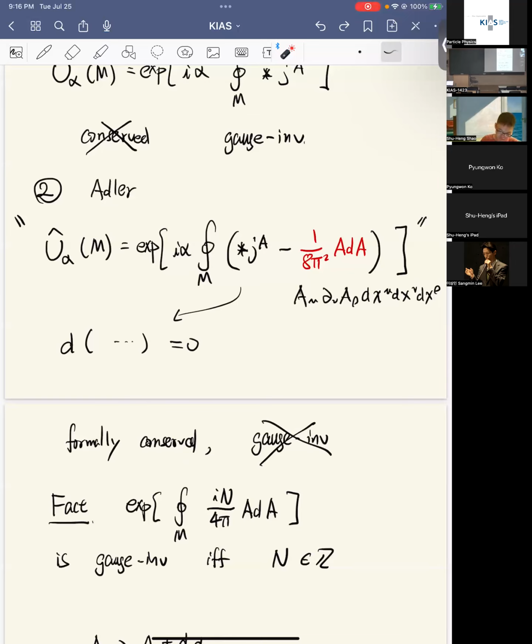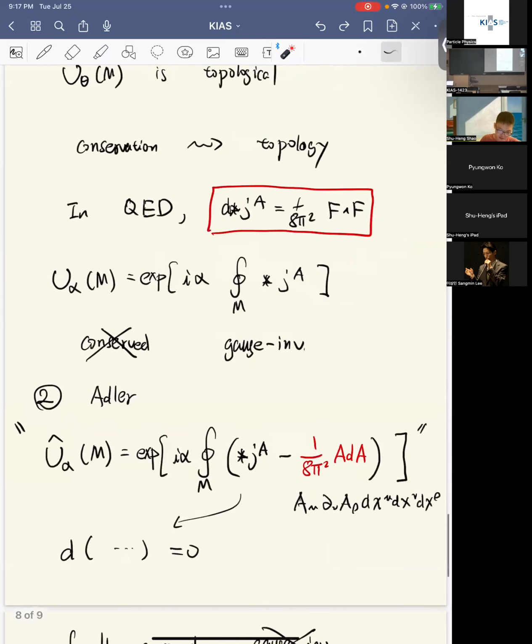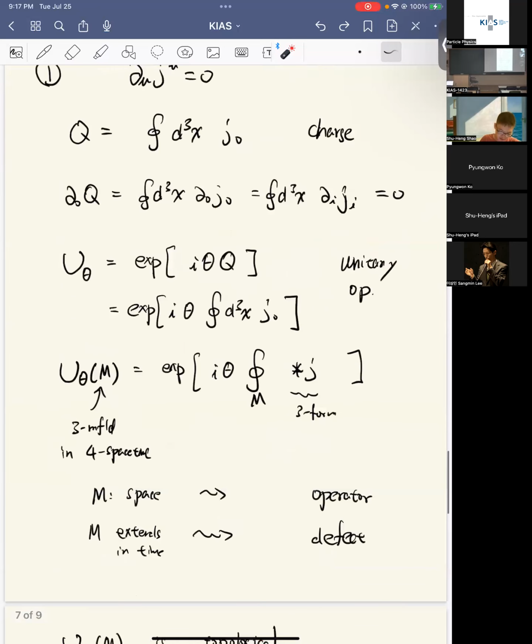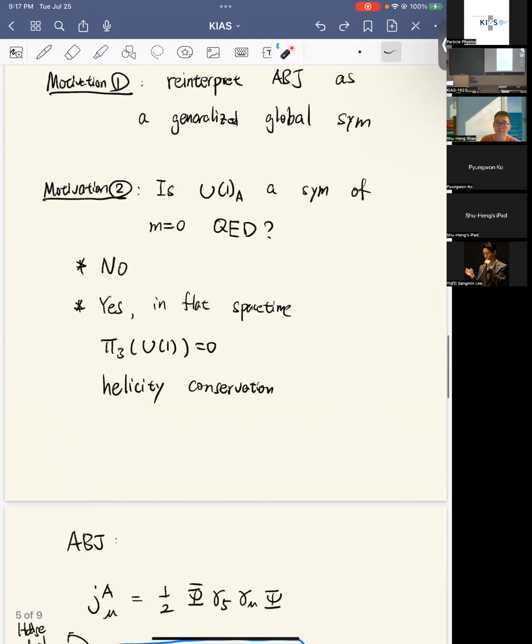So if you take M to be R3 here, you can remove the quotation mark. In fact, that's literally what Adler wrote in his 1969 paper. He took M to be R3 and he found the gauge invariant operator. And this is another explicit way to say that chiral symmetry is a symmetry in flat space-time.